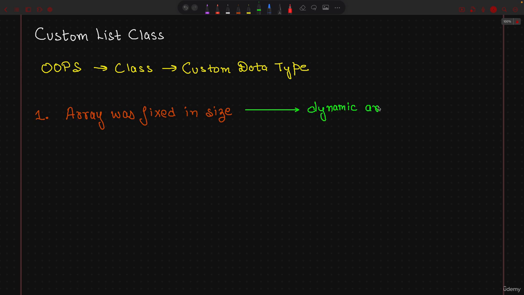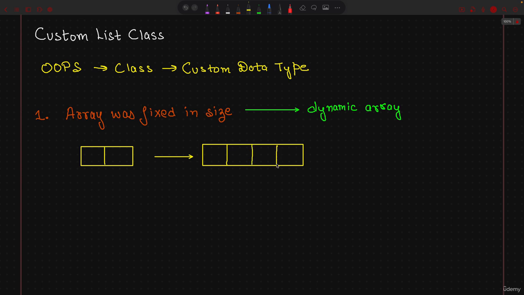The whole idea behind a dynamic array is that as the size of the input increases, I will take up more memory. So for example, let's say we start with a memory which is 2 in size. Now, if you try to add more than 2 elements, it will get doubled. So let's say it will get increased to 4. Now, if you try to add more elements, it will get increased to 8.